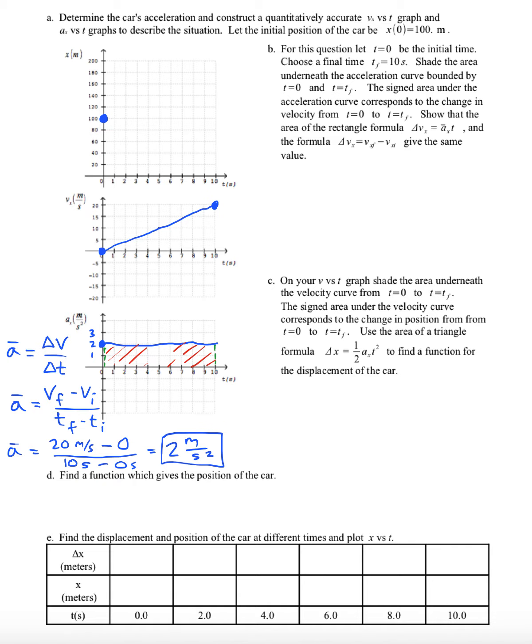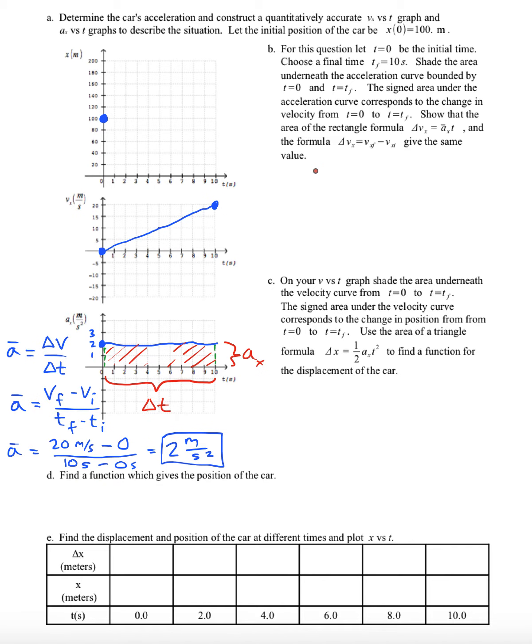Now that area has meaning in physics. Notice, for example, that the width of this rectangle could be considered delta t, and the height of it is the acceleration. Now what do you get if you multiply an acceleration times a time?